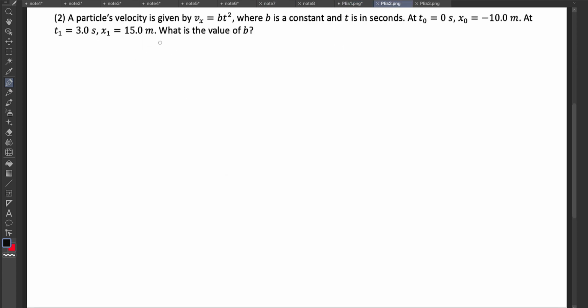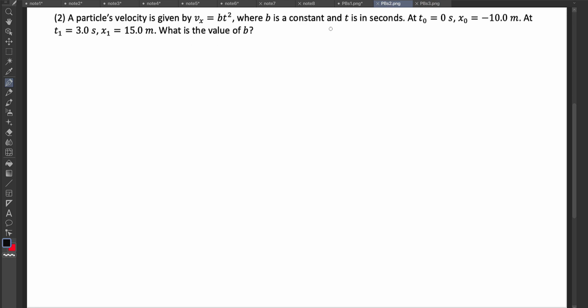Now here's question 2. A particle's velocity is given by v_x equals b t squared, where b is a constant and t is in seconds. At t naught equals 0 seconds, x naught equals negative 10 meters. At t1, the time instant 3 seconds, x1 is 15 meters.